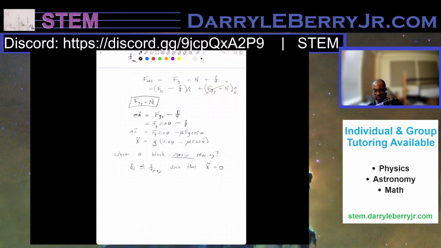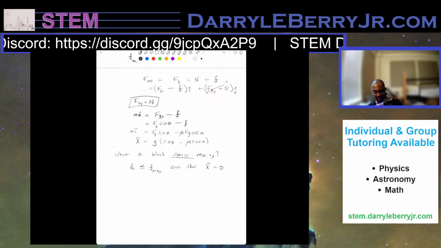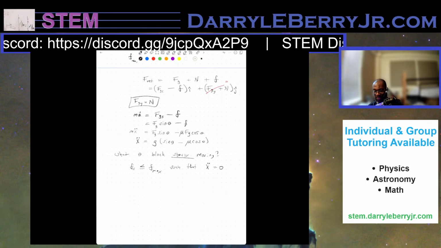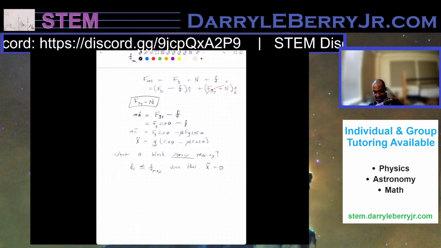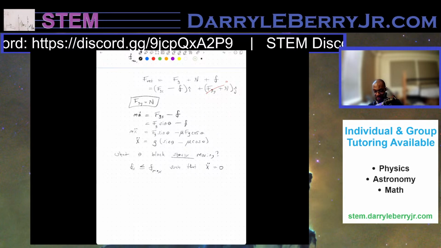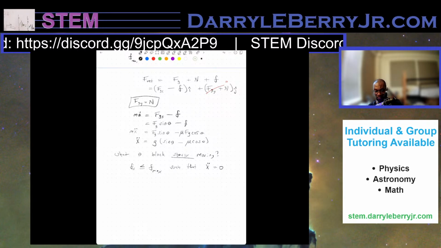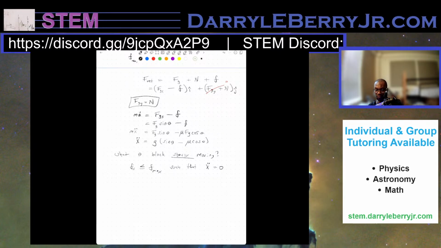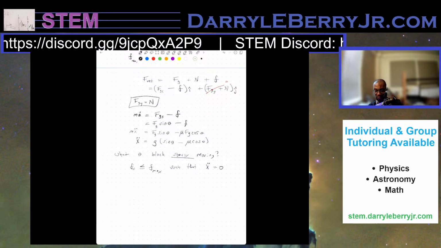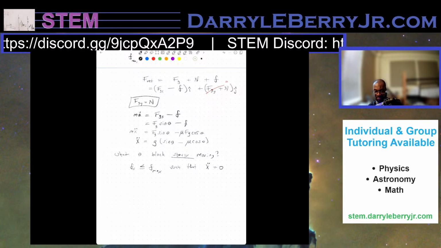So I guess it balances out. The static frictional force Fs will be some value less than or equal to F max, such that the acceleration is 0. That is to keep the block at rest.